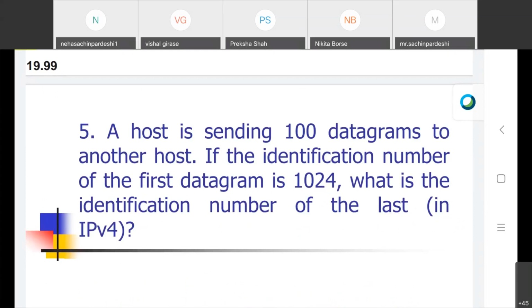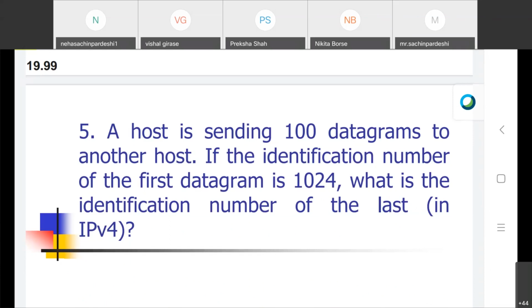So what is the concept of identification value? At the source side, there is one counter. Whenever a datagram is forwarded, the counter is incremented by 1 and the counter value will be copied into the identification field. So for every datagram, sequentially, the value is incremented.